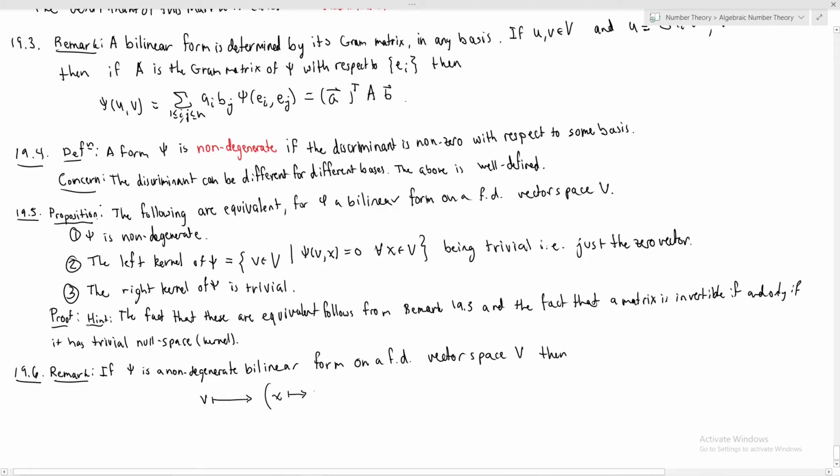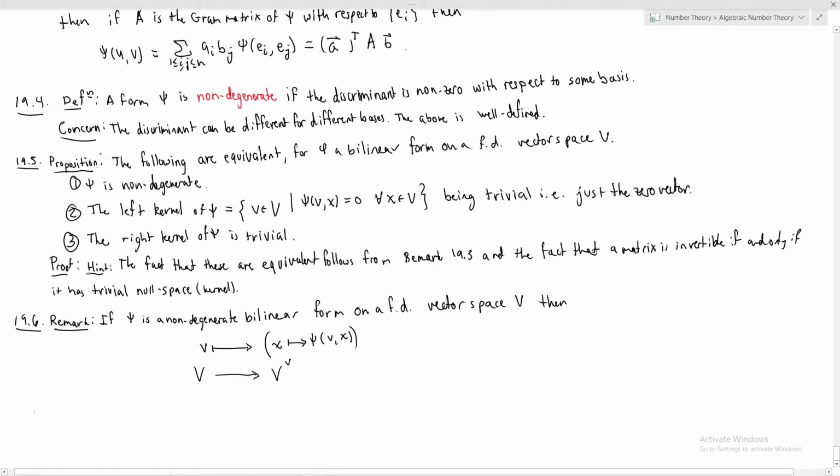So this is kind of a confusing thing where you have this iteration. Okay. This is a map from V to its dual space. So this map here, x maps to psi of v comma x, is a linear map on V. It gives an isomorphism from V to V dual.